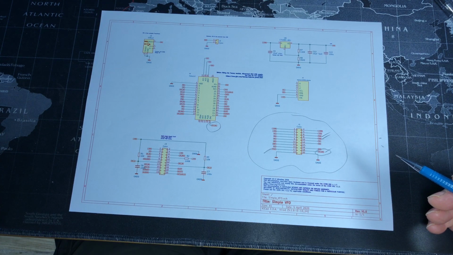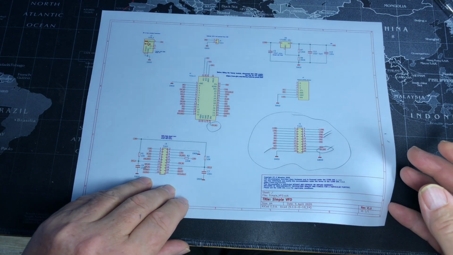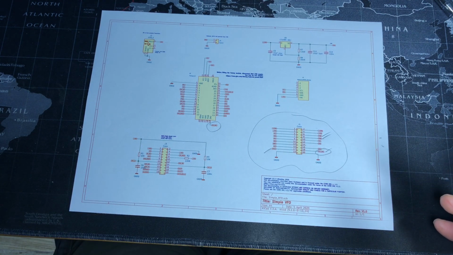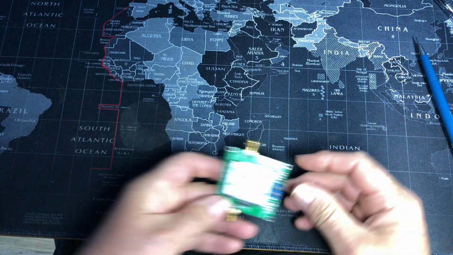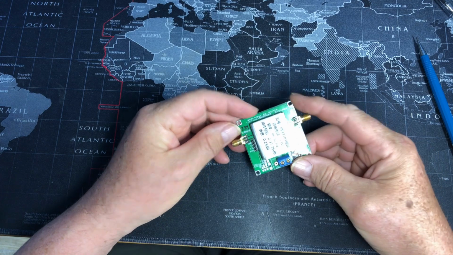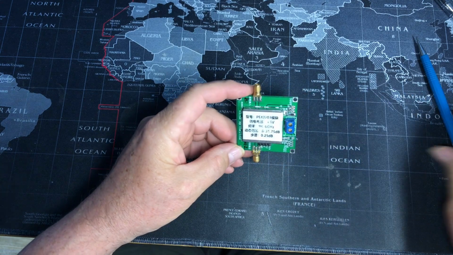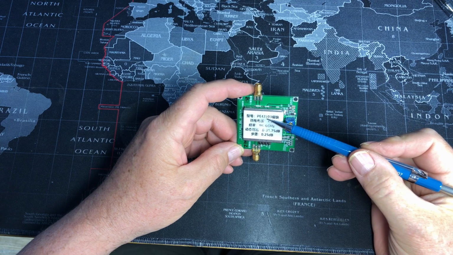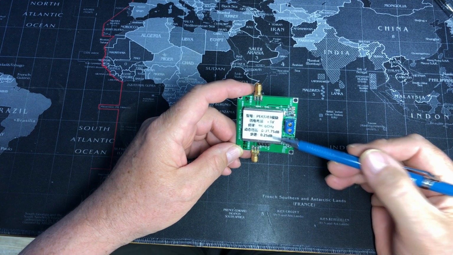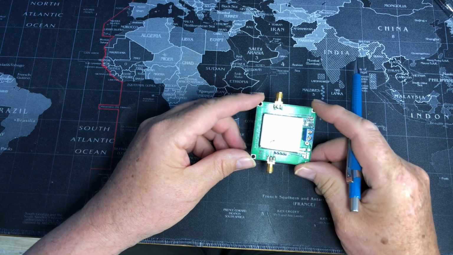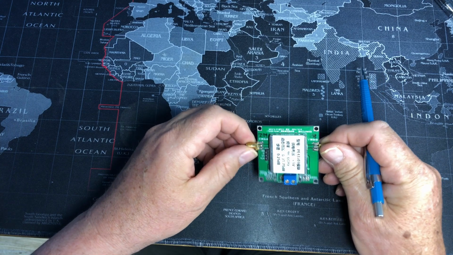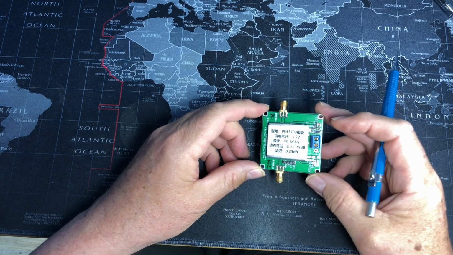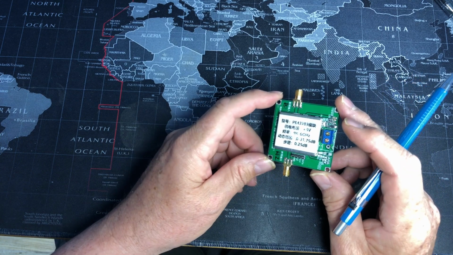We just now need to look at devices for the digital attenuator. Now, in my junk box, I had one of these, and it's based on a PE43703 digital attenuator chip. Now, I bought this for a project, and it's been in my junk box for, well, I can't remember how long, at least a couple of years, and I've never actually used it.